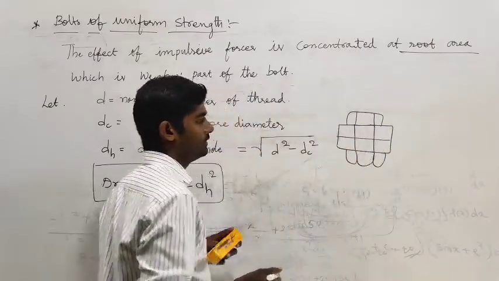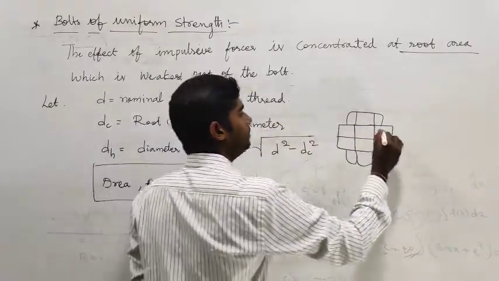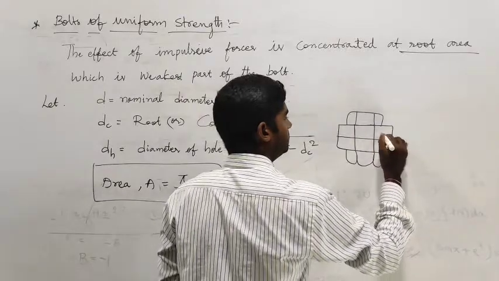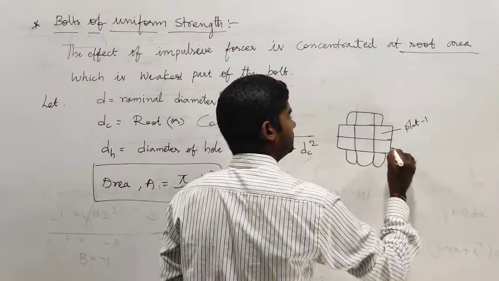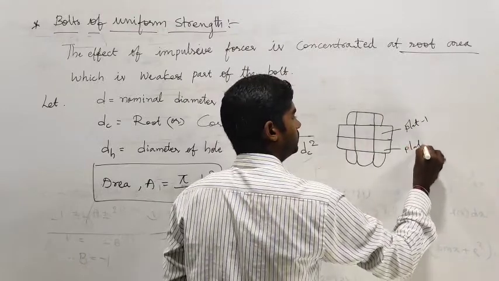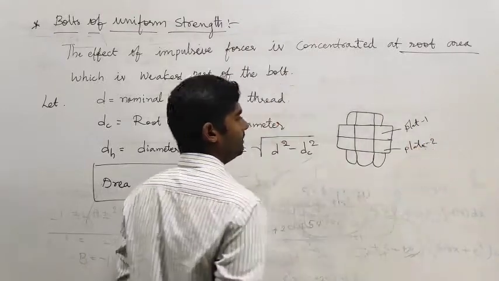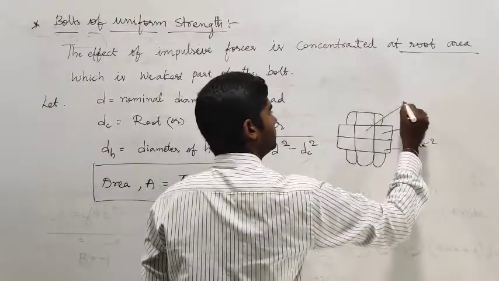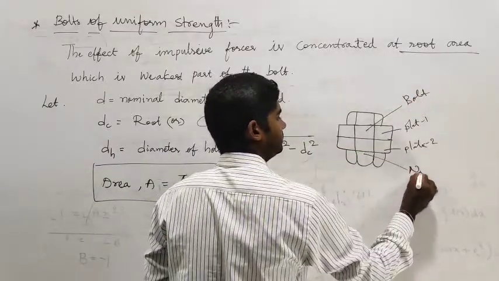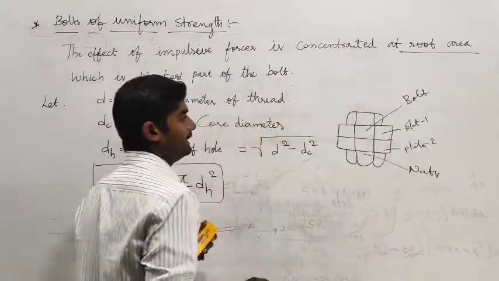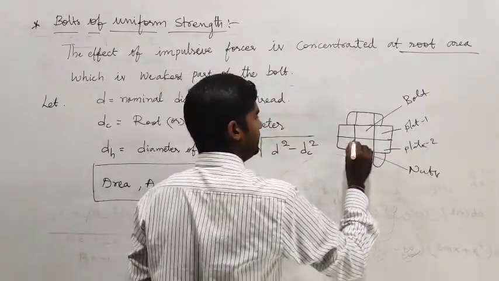Using bolts and nuts, we are joining the 2 plates. This is plate 1, plate 2, or machine elements using bolts and nuts. In this bolt, these are the threads, screw threads.